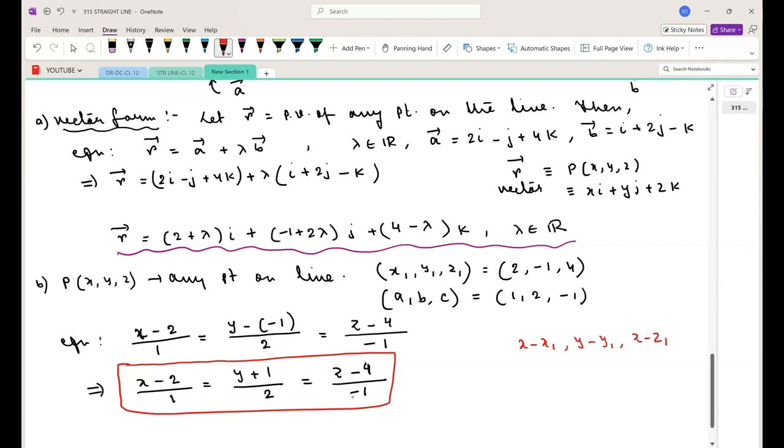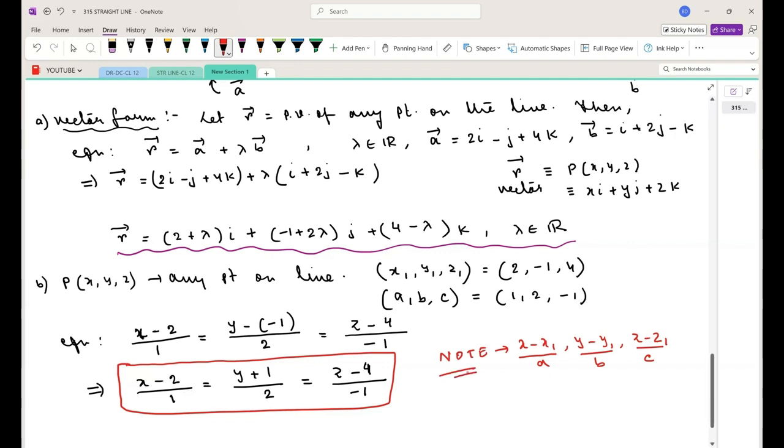If you adjust this minus sign, it will become 4 minus z. That is not the standard form. In that case the denominator will be plus 1 and your DR will be 1, so that will be a wrong answer. So always keep the numerators in this standard form, and then accordingly you will get the a, b, c. This is very, very important. You must note this.